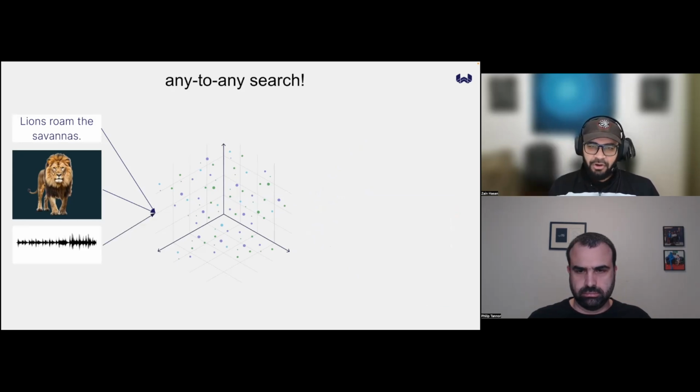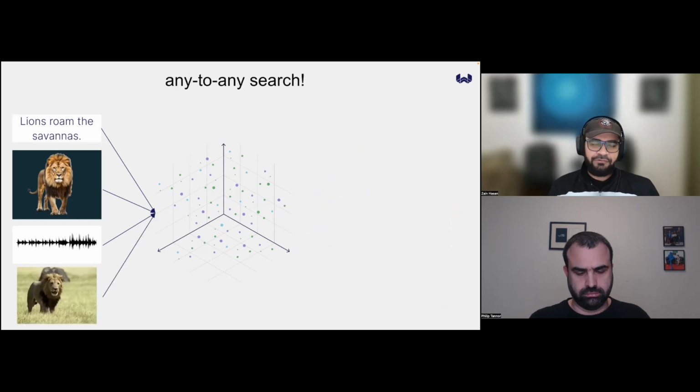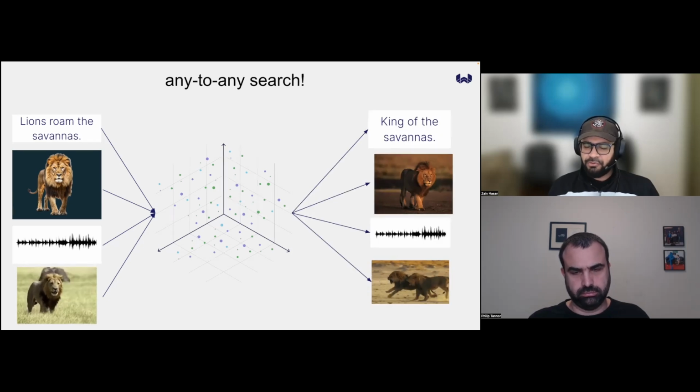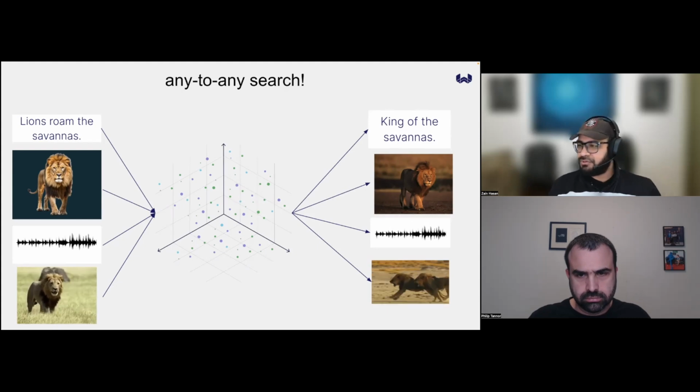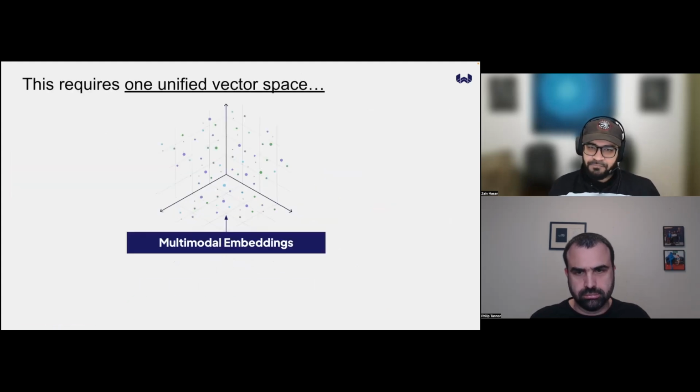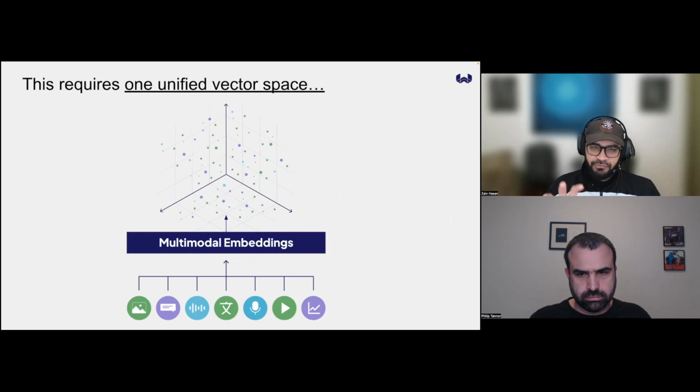You can have audio files as input, video files as input, and then depending on whatever is most semantically related, you can get out any other modality as well, right? So now you have the flexibility of any-to-any search where you can ask questions and get answers in any modality.